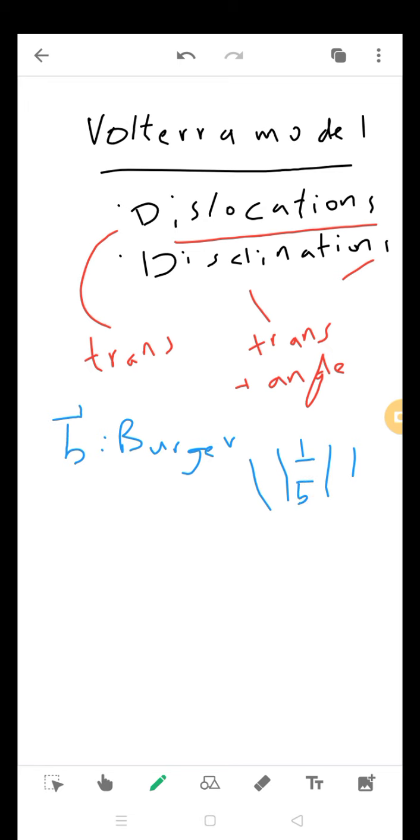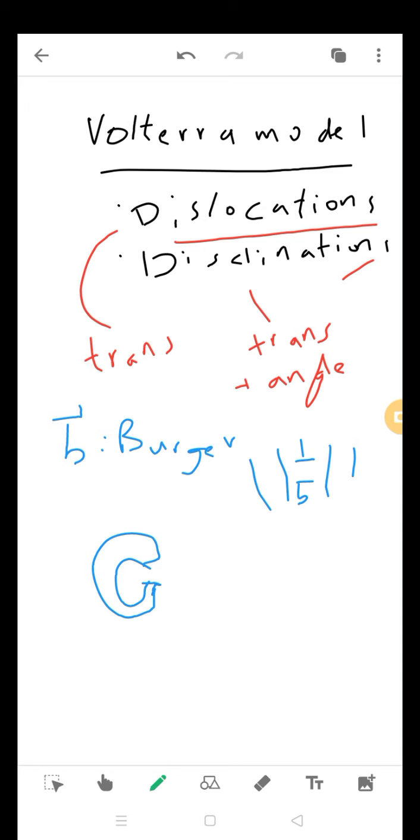Now there are three ways by which we can understand dislocation. For example, suppose this contour tells you about atomic displacement.